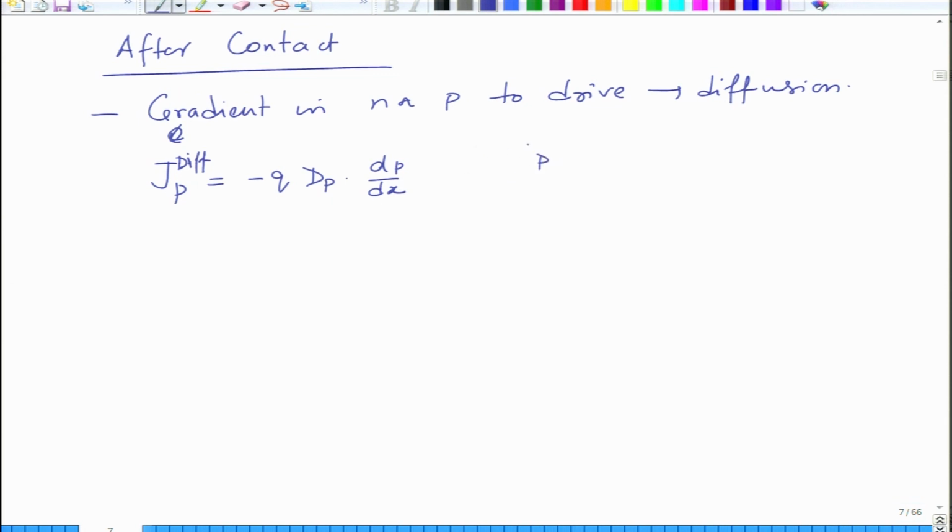So, holes move in this direction and current also is in the same direction, okay. And then you have electron current, which is Jn diffusion, which is equal to you can say plus q Dn into dn by dx. And in this case the electron current is, let us say concentration of electrons is on this side, then current will move to the other side, okay.